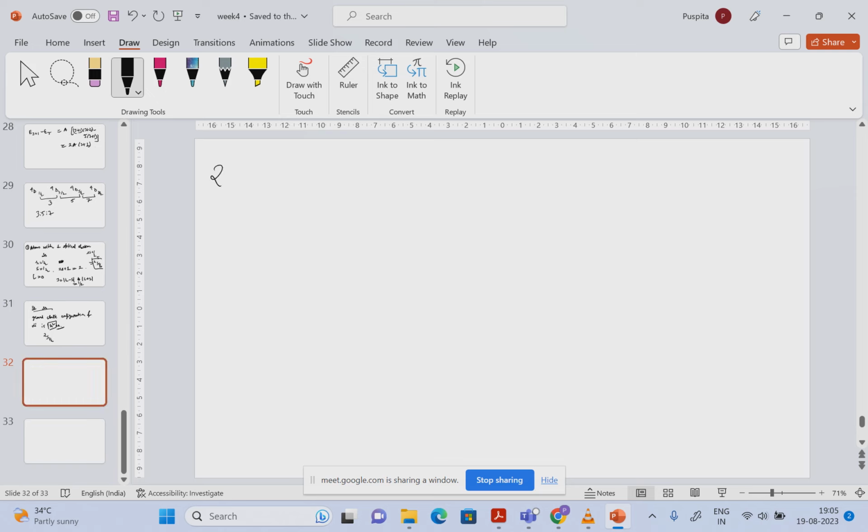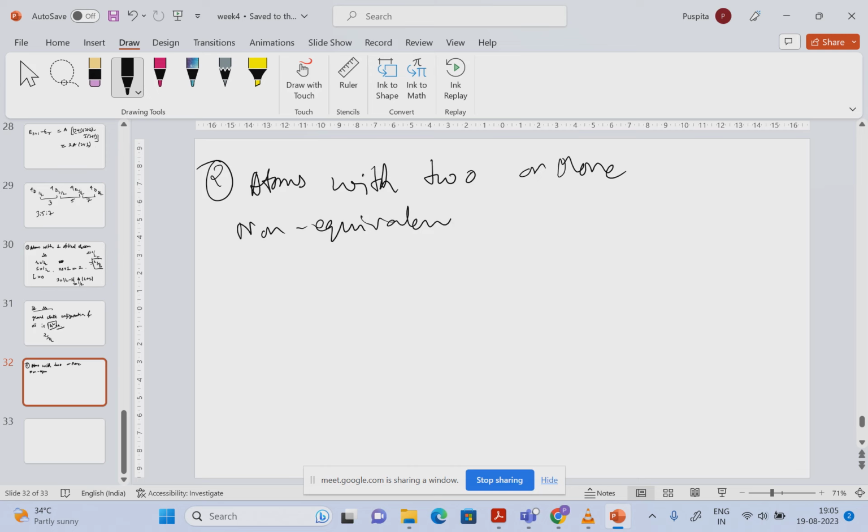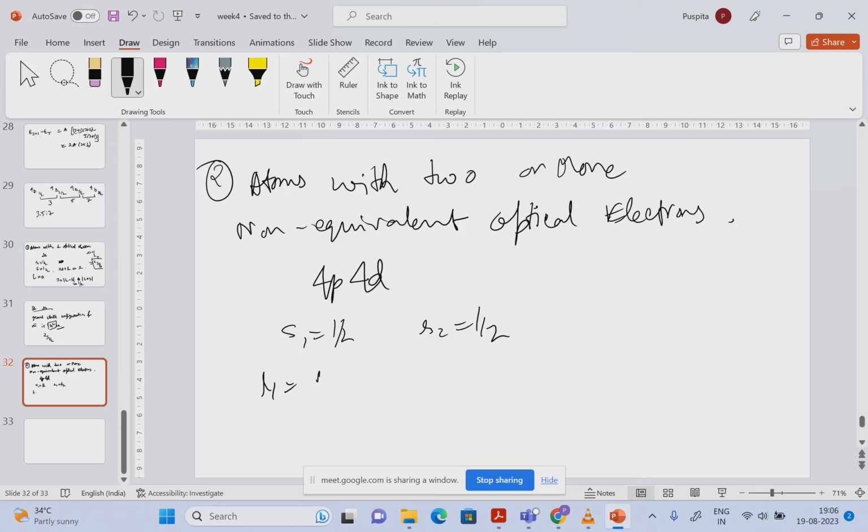The second configuration is atoms with two or more non-equivalent optical electrons. Assume 4p 4d. S1 is equal to half, S2 is equal to half, L1 is equal to 1 for P, and for D, L2 will be 2.